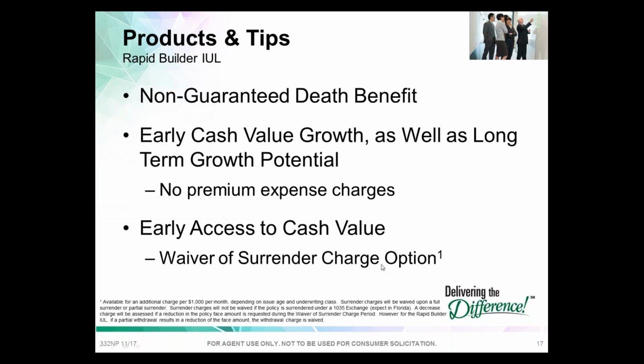A waiver of surrender charge option means early access to that cash value, and this has an optional waiver of surrender charge rider. I think most of the time people sell this product, they put that rider on here. That also means not only do I have the potential for quick cash value growth, but also access to that quick growth. So that product is really about that early, rapid access to cash.